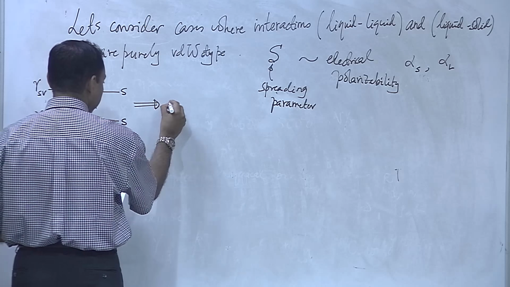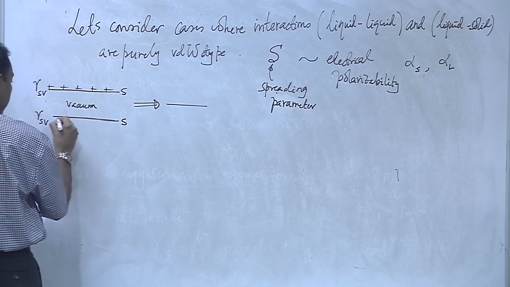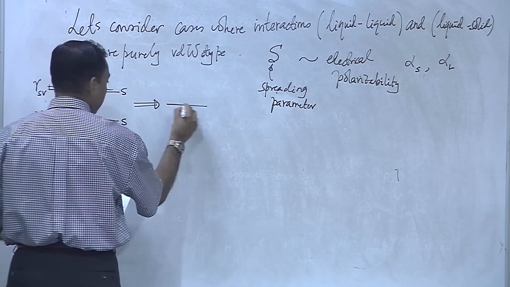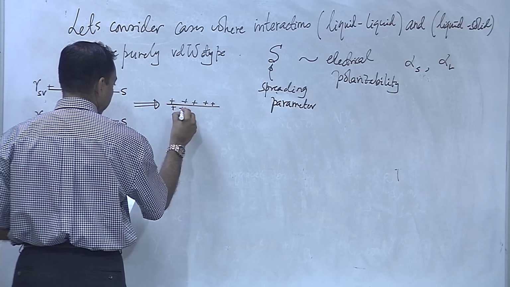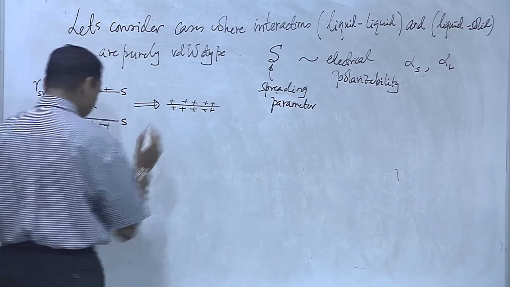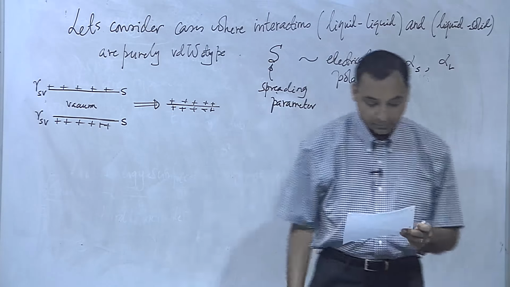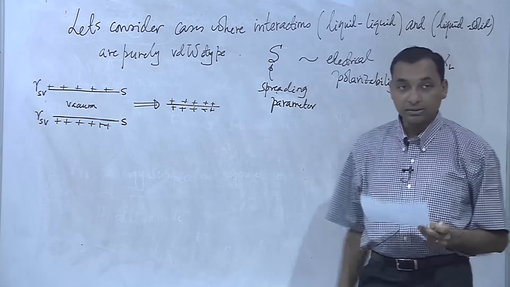Okay. So, if this is one surface, this is another surface, they are brought together. So, these are infinitely large solid surfaces.